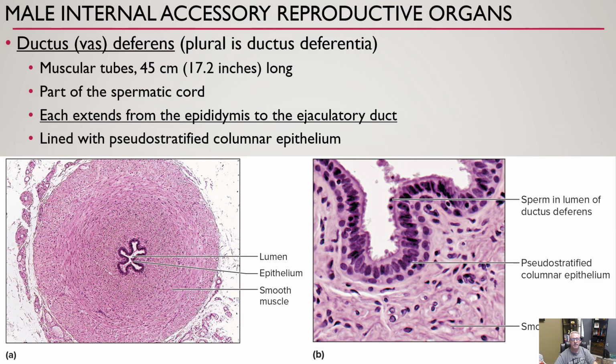All right, the vas deferens or the ductus deferens, the plural is deferentia. It's a muscular tube. It's part of the spermatic cord, and it extends from the epididymis into the ejaculatory duct.